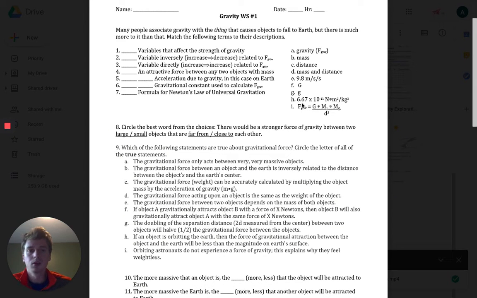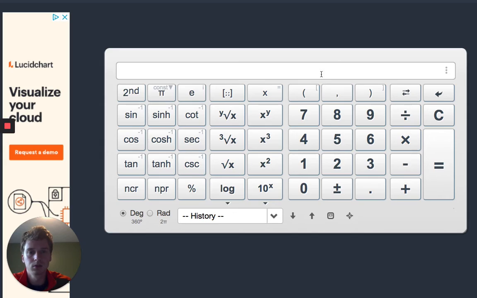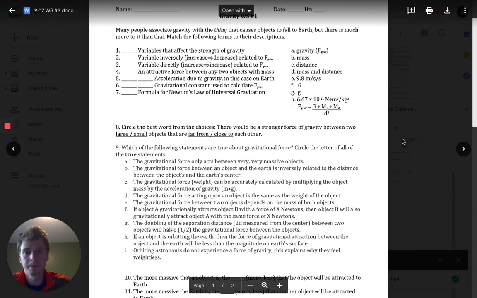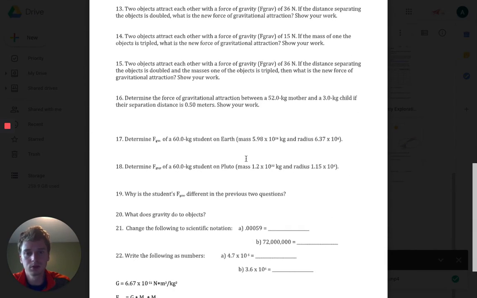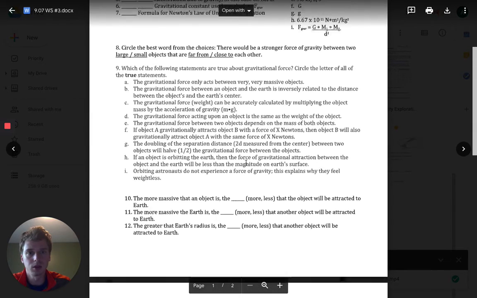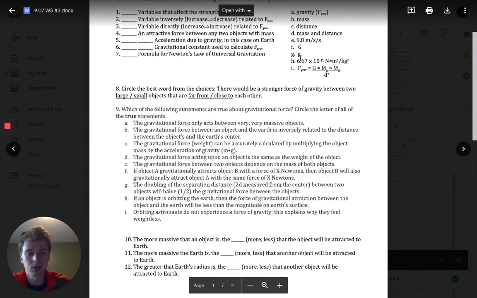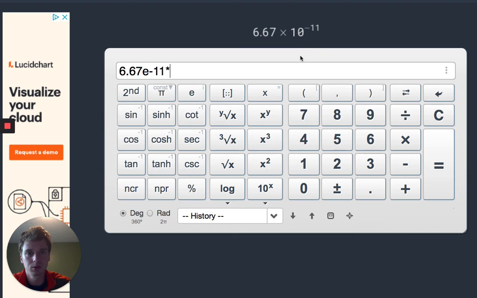So I'm going to plug all of this stuff into Web 2.0 Calc because that is going to make this a lot easier. So 6.67 e to the negative 11th times, let's see, what was the mass? It was a 60 kilogram student. Let's just double check. 6.67 times 10 to the negative 11th. Okay.